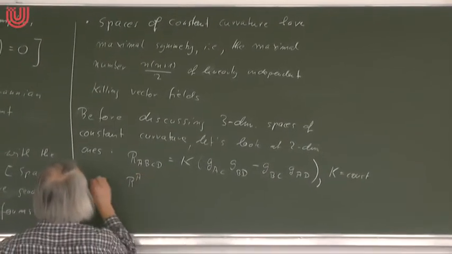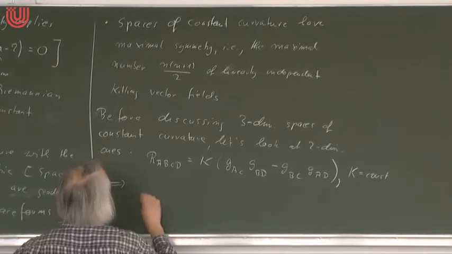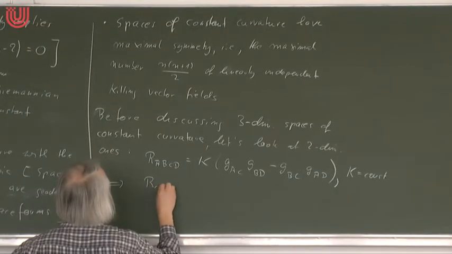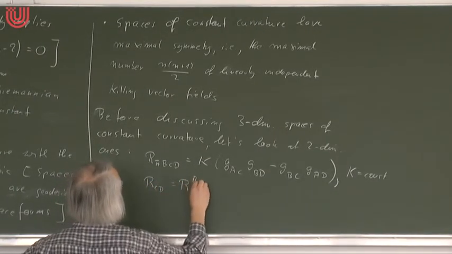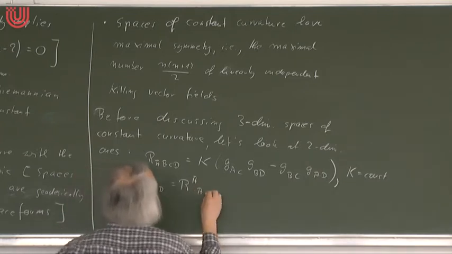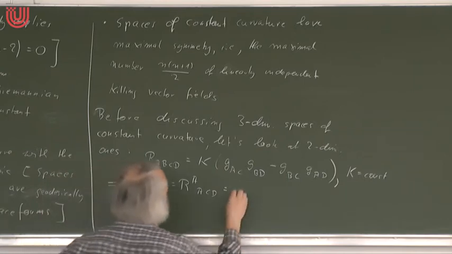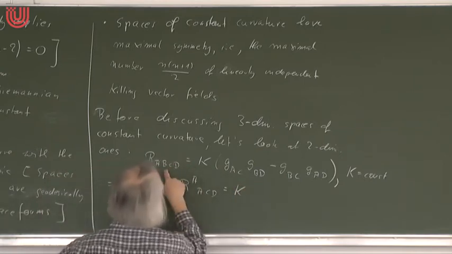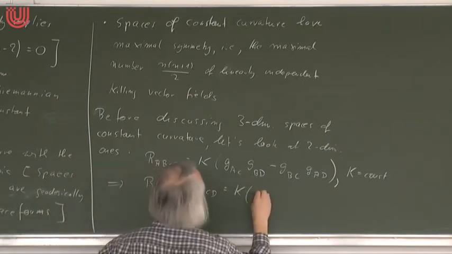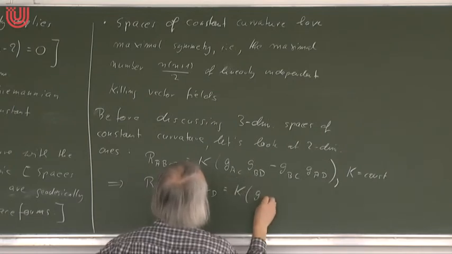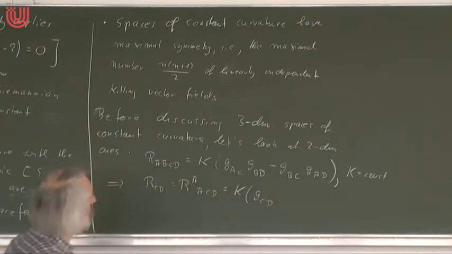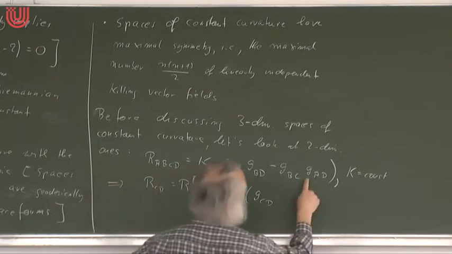So this implies that the Ricci tensor, R_CD, is the contraction over the first 2 indices. We are in 2 dimensions now, so I contract over A and B. This gives g contracted over A and B, with C and D left.